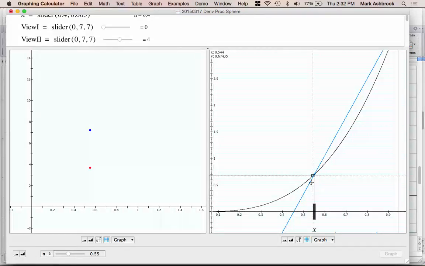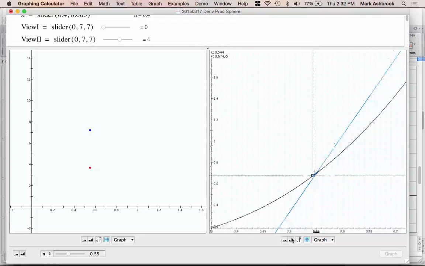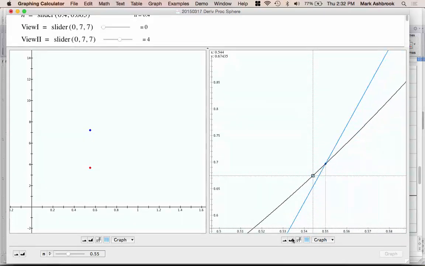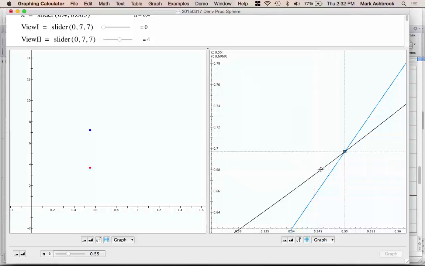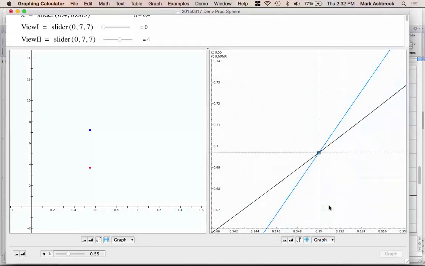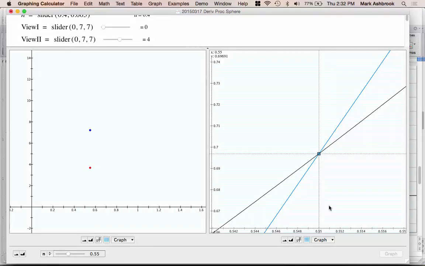Let me zoom in with both of them showing. We got the local linearity on the actual function, and then we have our secant line. Is the secant line giving us the exact rate of change? No, it's a higher rate of change.